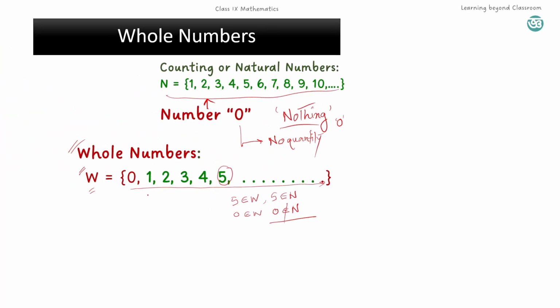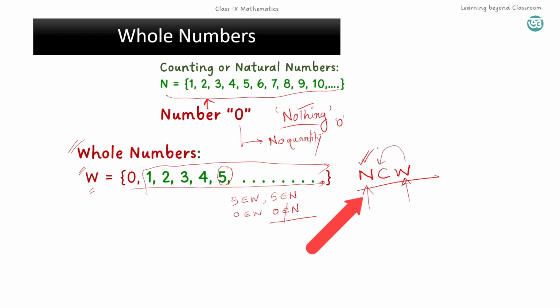So you can see all natural numbers are whole numbers, but all whole numbers are not natural numbers. In such a case, we can write N is a proper subset of W. That means all the elements or numbers present in the set of natural numbers are present in the set of whole numbers, but all whole numbers are not natural numbers.